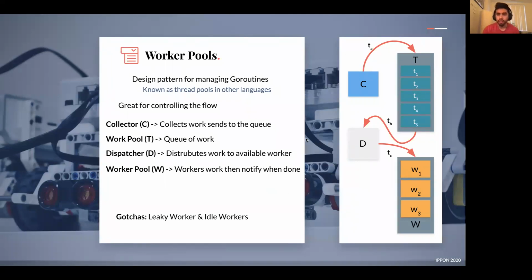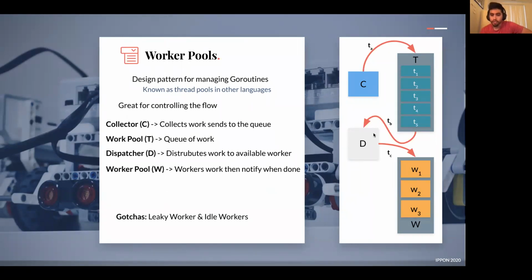So if we look at the diagram, we see that this C is generating some work. I'm calling these T's for task. As a task comes in, it's being stored in this task queue.